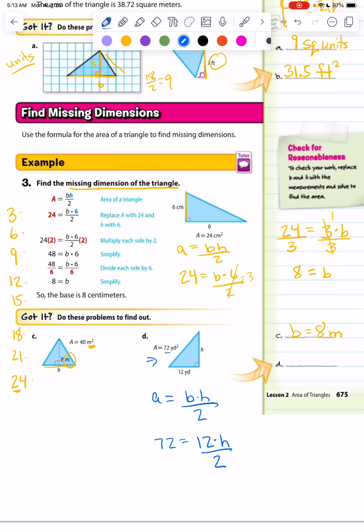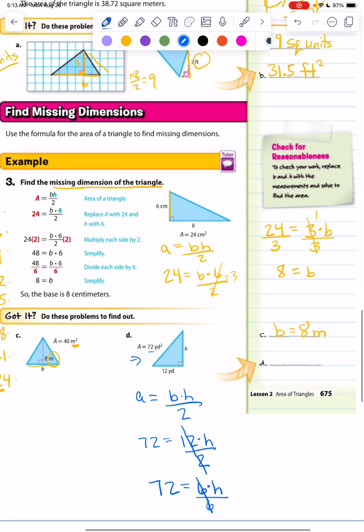Divided by 2, okay? 12 divided by 2 is 2 times what is 12? 6. So now we have 72 equals 6 times the height. We can divide by 6 to cancel this out. 6 divided by 6 is 1. Then we're going to divide this side by 6. What is 72 divided by 6?